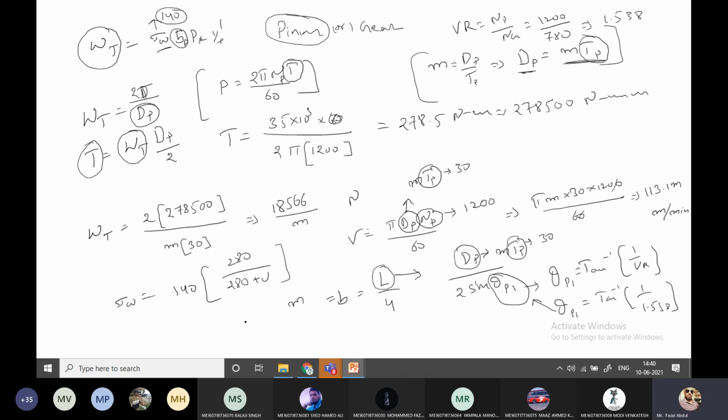So again here I am writing module into 30 by 2 into sine of tan inverse of 1 by 1.538.